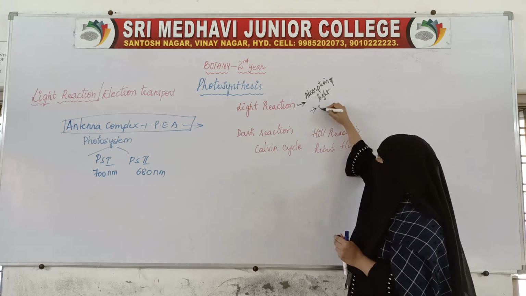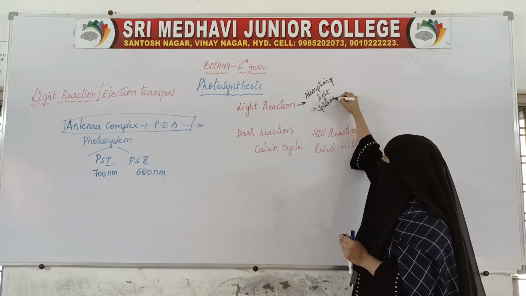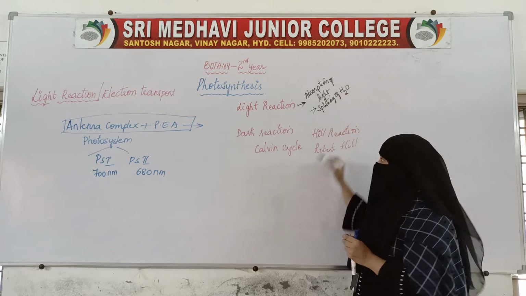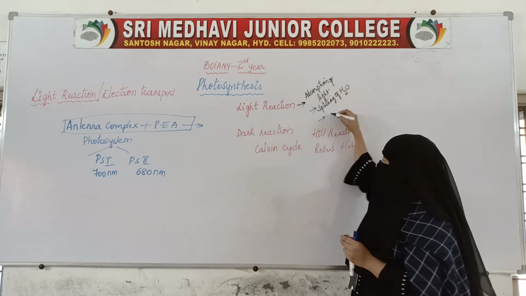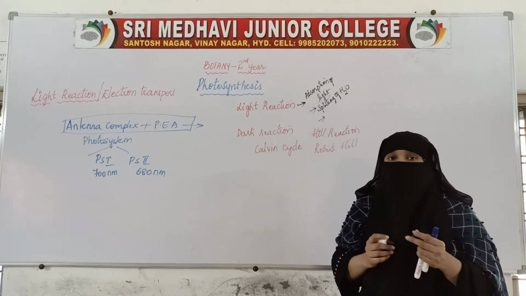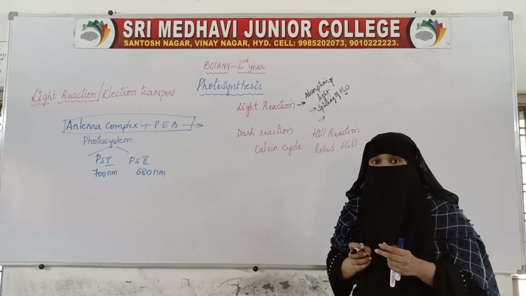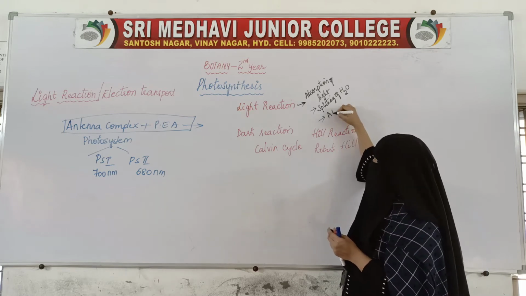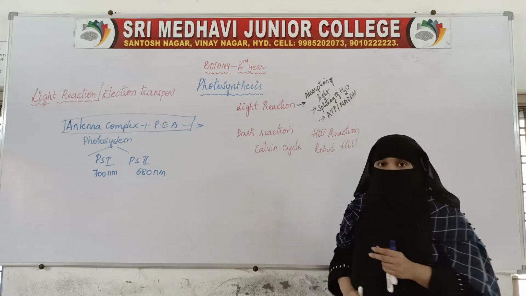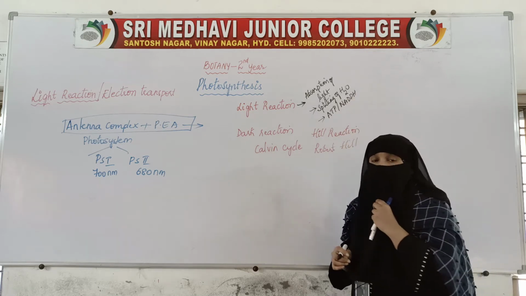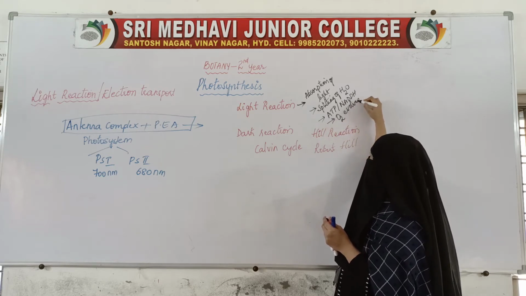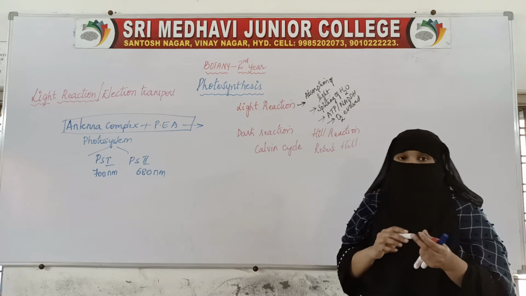Then splitting of the water molecule takes place, and high energy intermediate products, that is ATP and NADPH, will be formed. Most importantly, it also releases oxygen. During this stage oxygen is evolved.